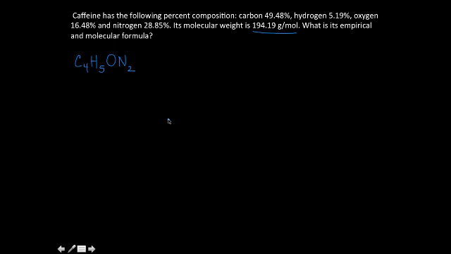But the first thing I need to do is calculate the molecular weight of my empirical formula. So I just count my atoms, just like you've done in class. 4 carbons, each worth 12.01, and that equals 48.04.